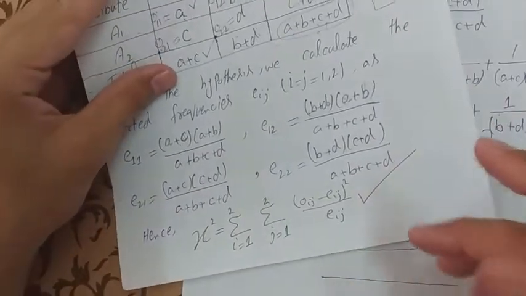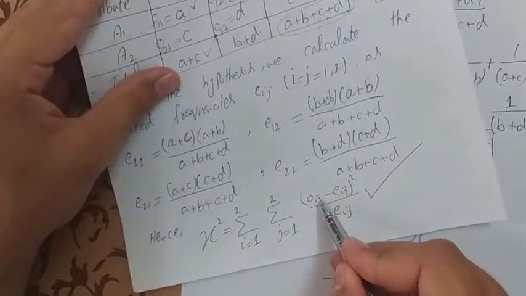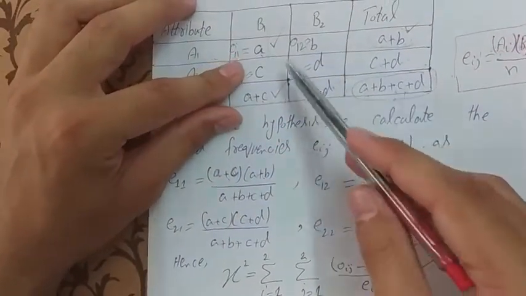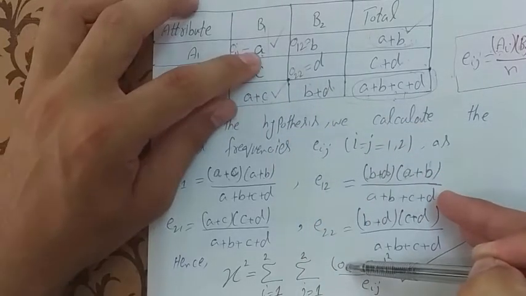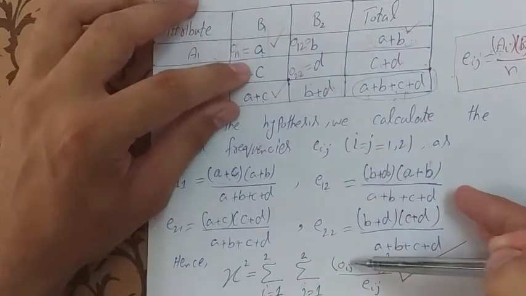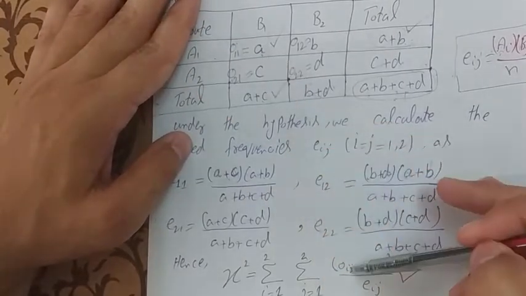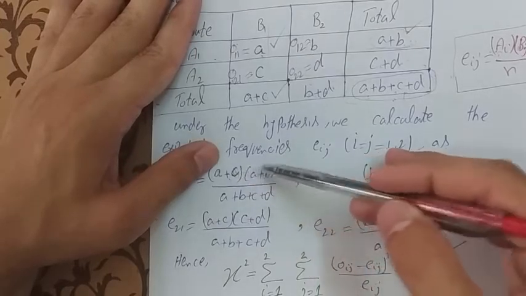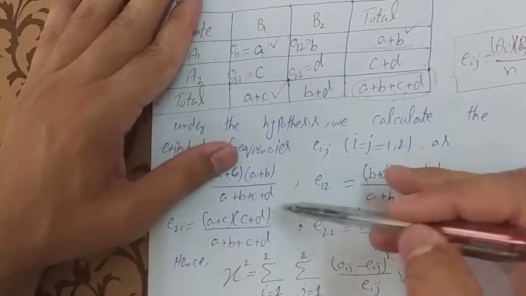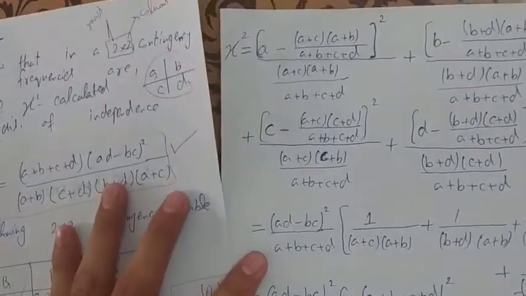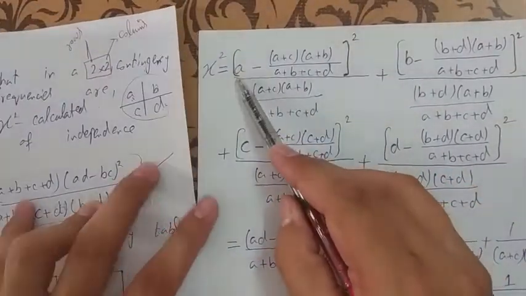Now similarly we add this over O_ij. First we take O11, that is a minus E11, a minus this value, (a plus c) into (a plus b) over (a plus b plus c plus d), whole square divided by E11. Let's repeat this, students.